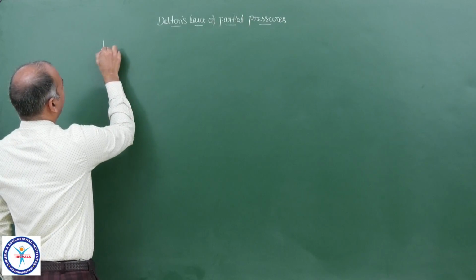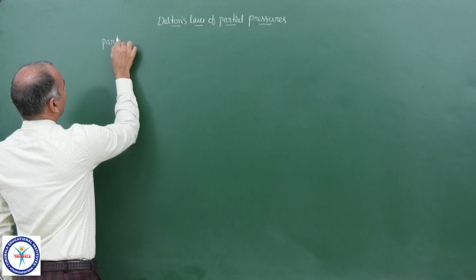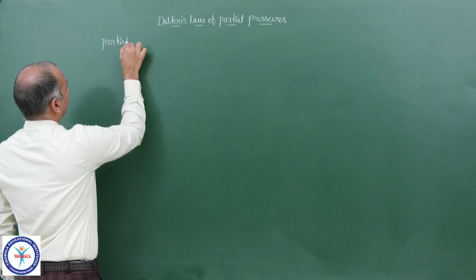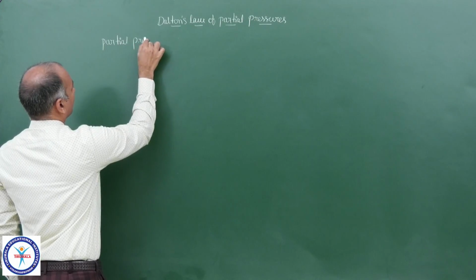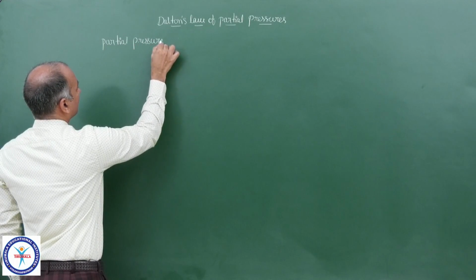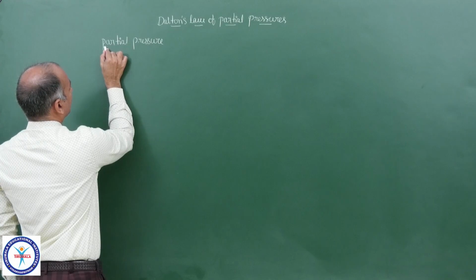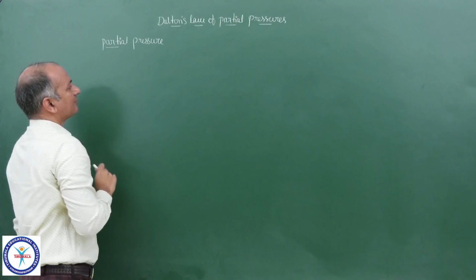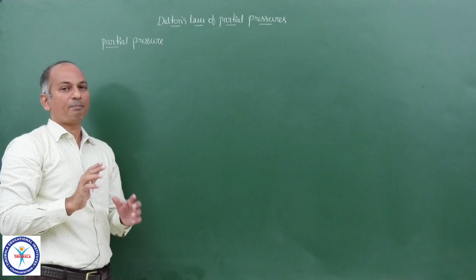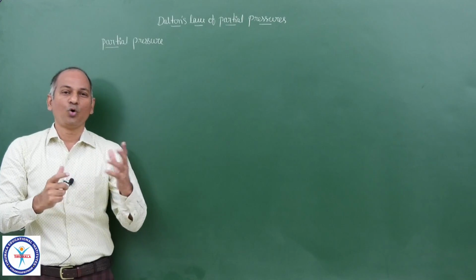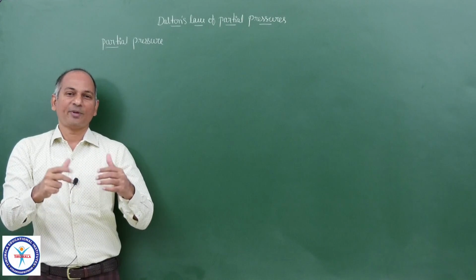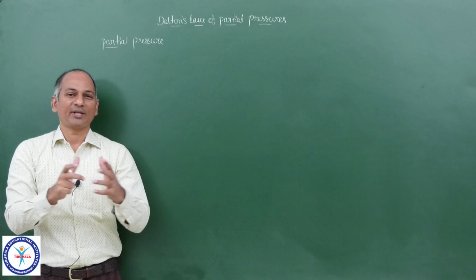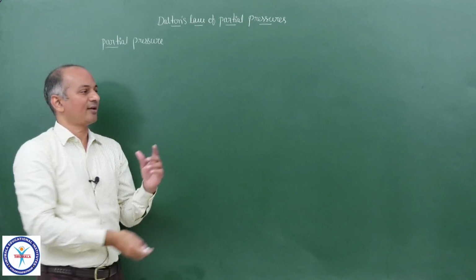So, what is meant by partial pressure? And you see that word part. Partial comes from part. Whole, part. Sum of the parts is equal to whole. Something like that. Okay, partial pressure.